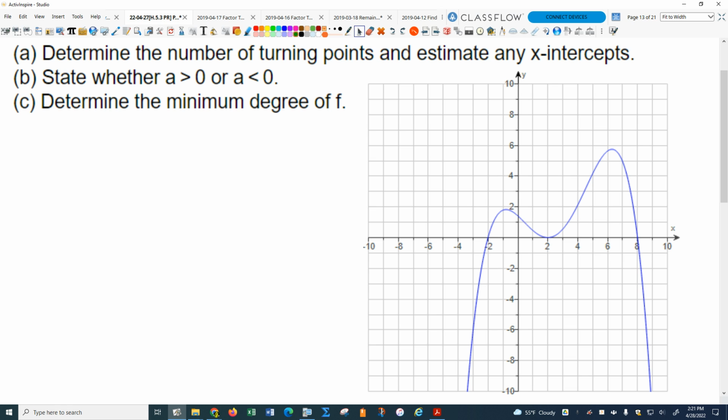Okay, so we get 3 turning points right there, there, and there, right? How many x-intercepts do we get? 3. There, there, and there.